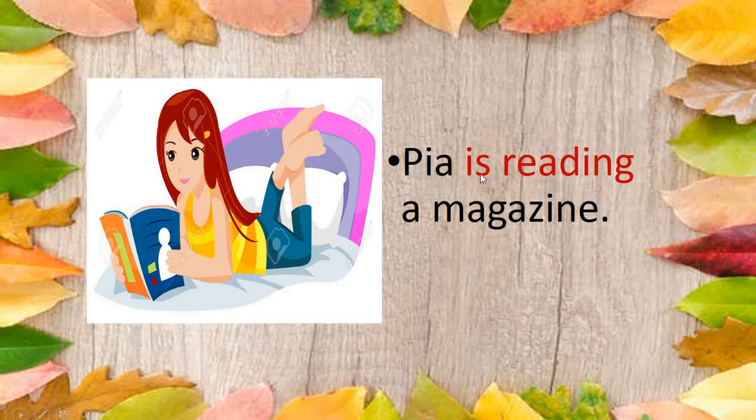Pia is reading a magazine. There is a magazine in her hand and she is reading. She has not stopped reading. The action is happening now. It is going on and on. It has not stopped. Okay, children?